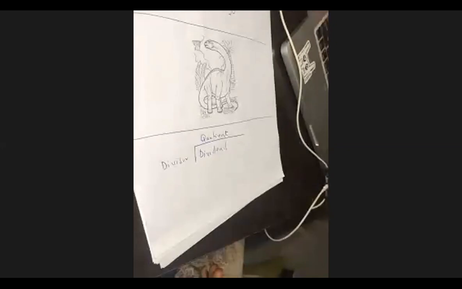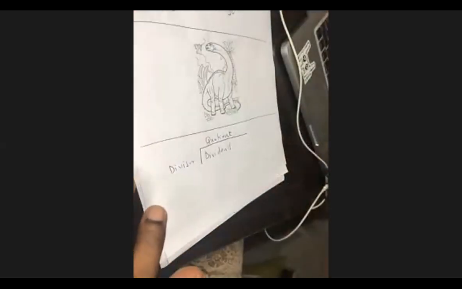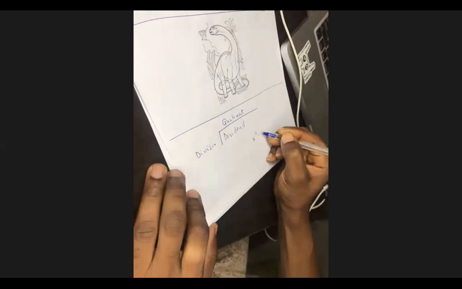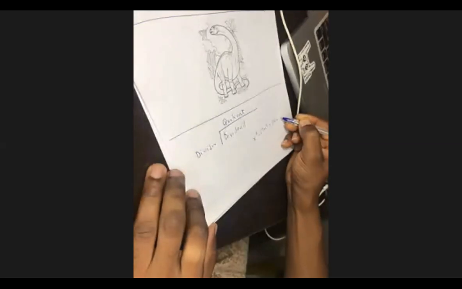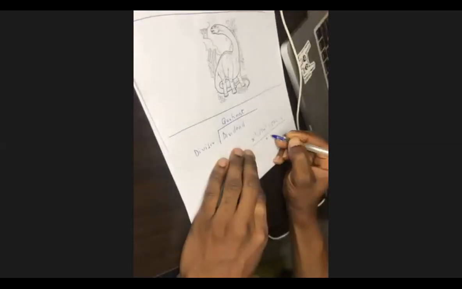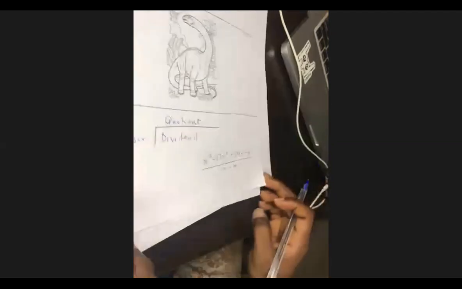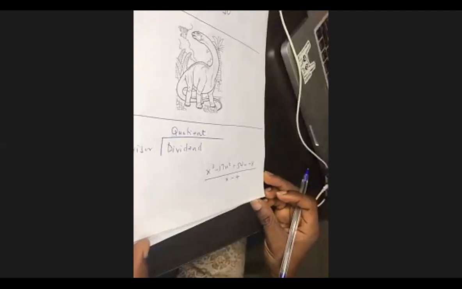Polynomial. So once this is a factor, now this is what we would have written. Now we would have written x cubed minus 17x squared plus 54x minus 8 divided by x minus 4. Do you see this? Yes, sir.